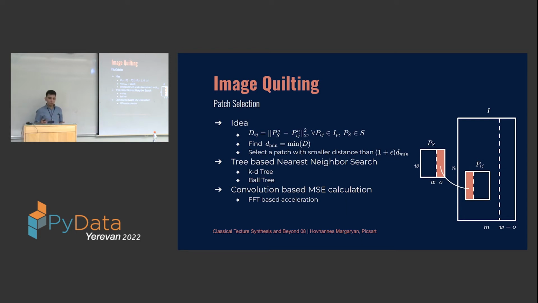And at this point, if we further want to accelerate this process using FFTs, we can utilize the convolution theorem, which basically states that the convolution operation in the position space is equivalent to direct multiplication in the frequency space.